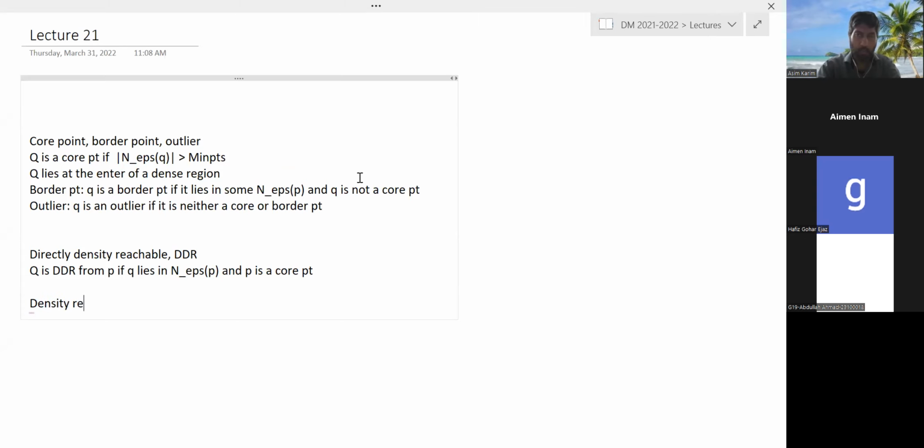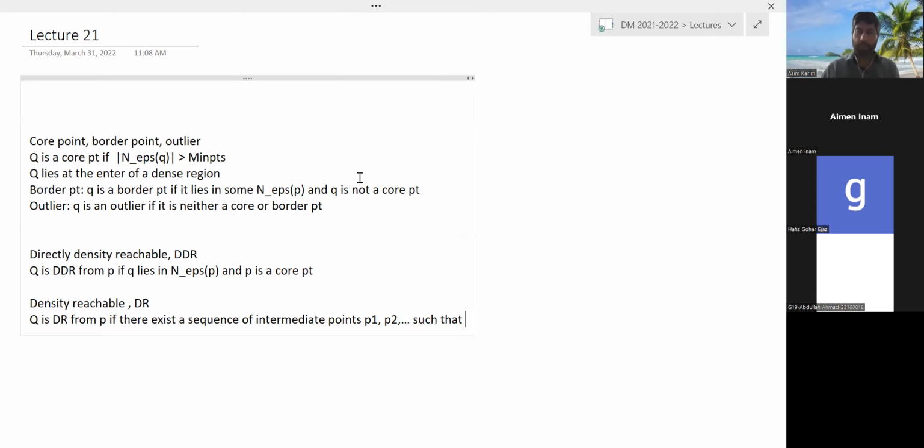Which is simply density reachable, not directly density reachable, which is, you can say, DR. So Q is density reachable from P if there exists a sequence of intermediate points P1, P2, such that each preceding point is, for example, such that we have Q and P, so for example P1 is directly density reachable from P, and P2 is directly density reachable from P1, and so on.